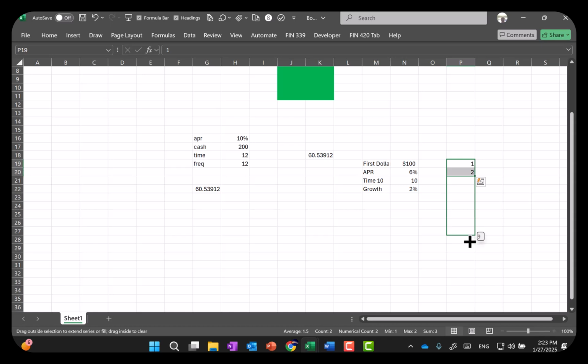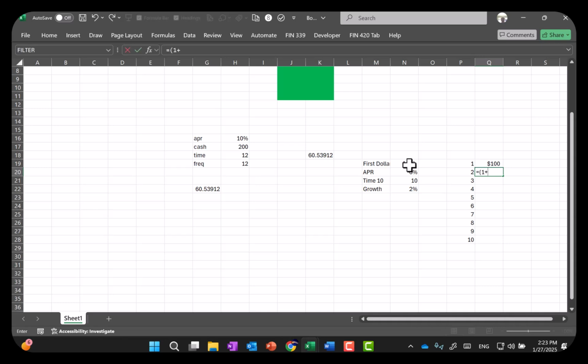Not raised to the power. I'm sorry. That times 1 plus the growth rate. Make sure to fix it. These are the payments.